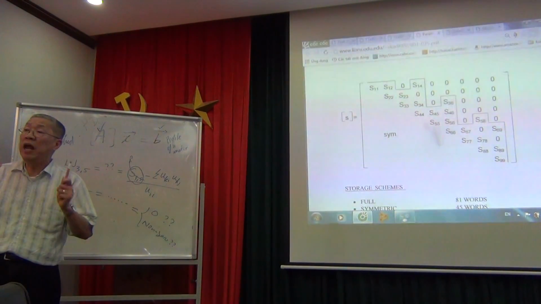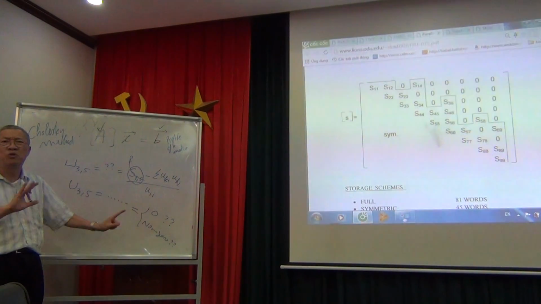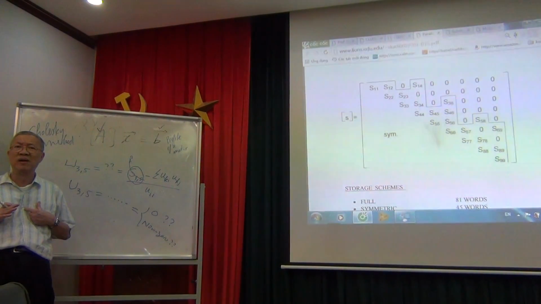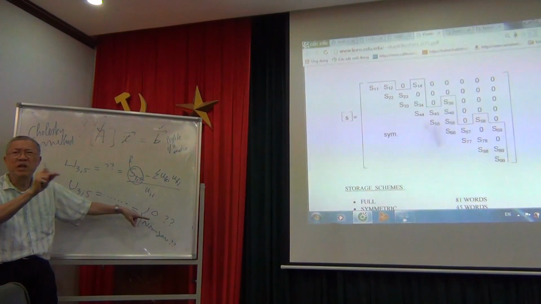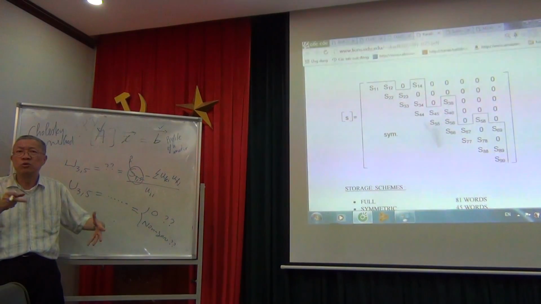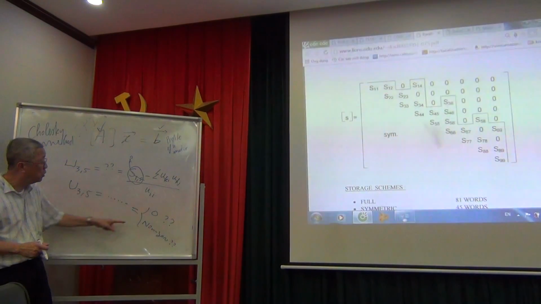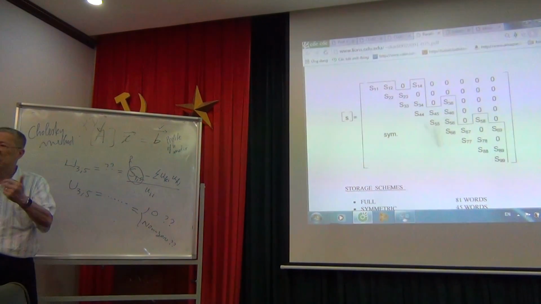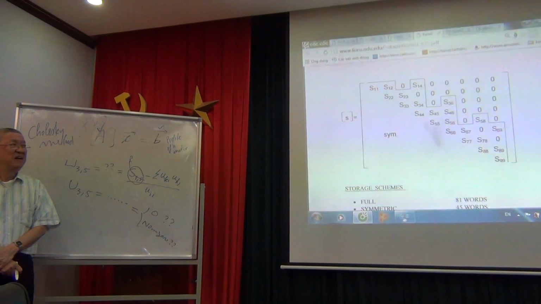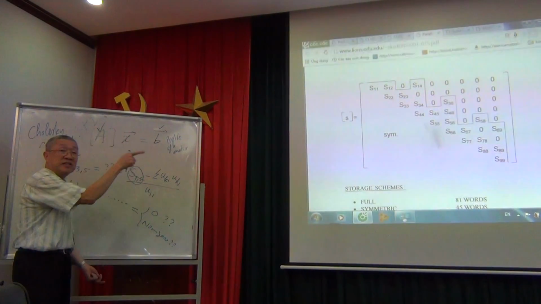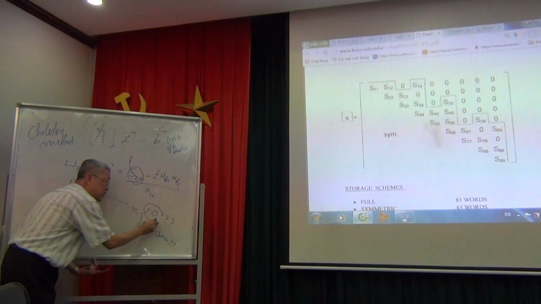I don't really care about the actual value. The actual value is not important for me right now. The actual value may be 3.6, maybe minus 2.8, I don't care. I only ask you, will this value be 0 or non-zero? What do you say? Is it different from zero? Well, for this example, this guy will be 0.